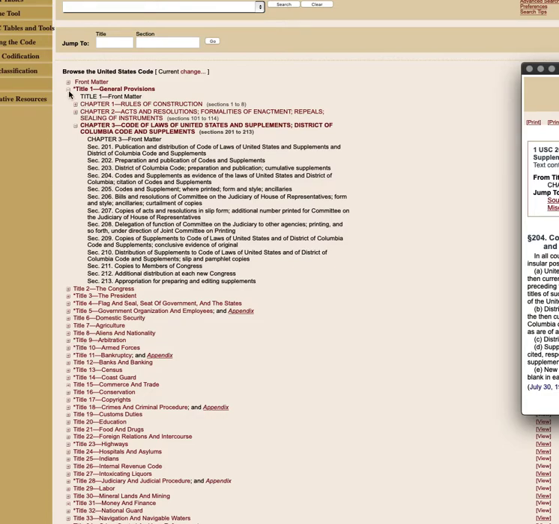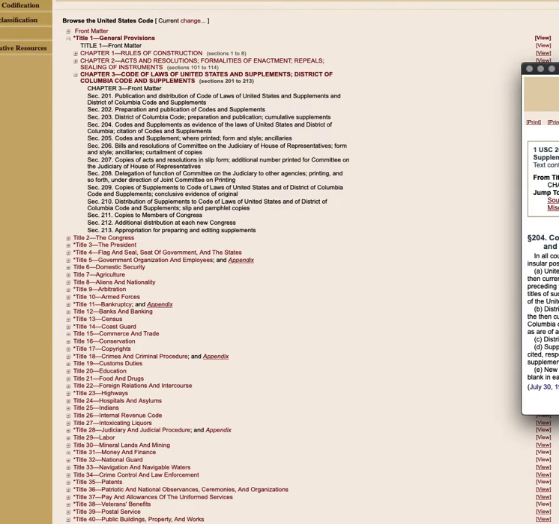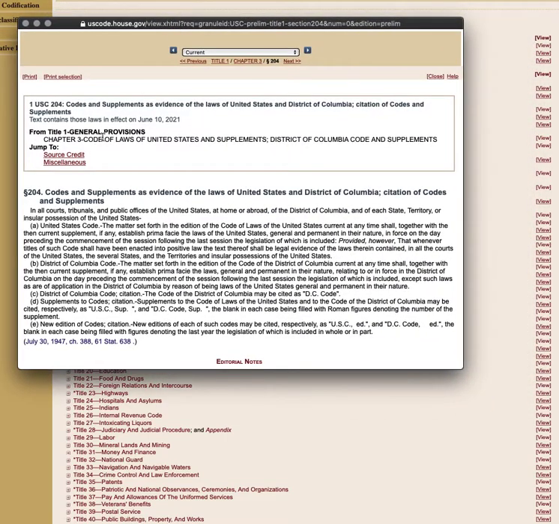The non-positive laws, because you have to agree, they don't use commands. They use may, might, can. Because these are not commands. They can't be commands because they don't have the power to do them. And how do we know when they do have the power? For one, it's made positive in the courts of the United States, the several states and the territories and insular possessions of the United States.